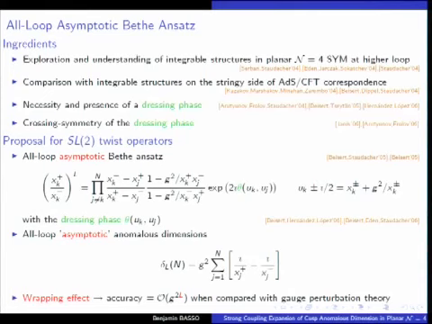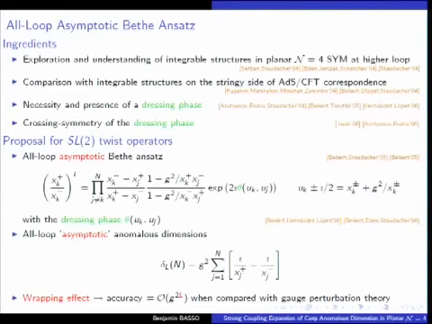And so it's just a sketch of the story, how to go from the one loop to this proposal. The set of references is not complete. There are also references I have already put above. So people started to explore and try to understand the integrable structure in planar N=4 at higher loops.